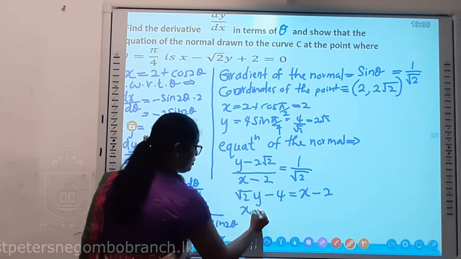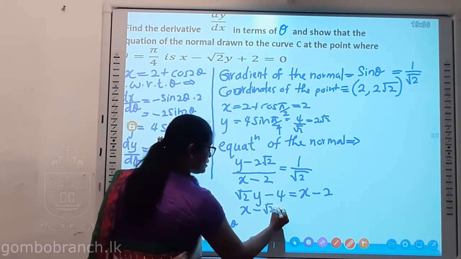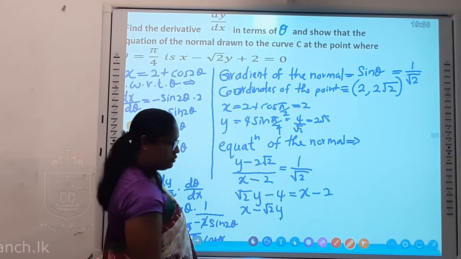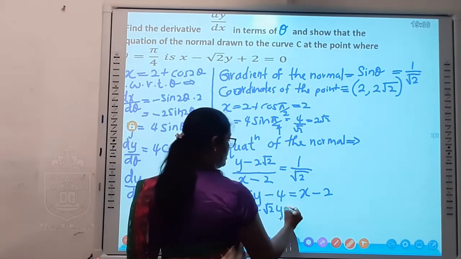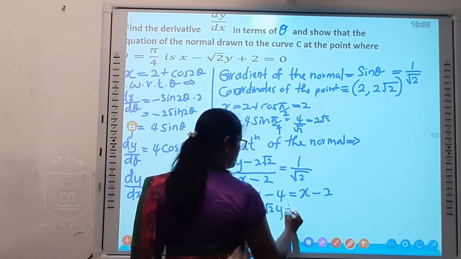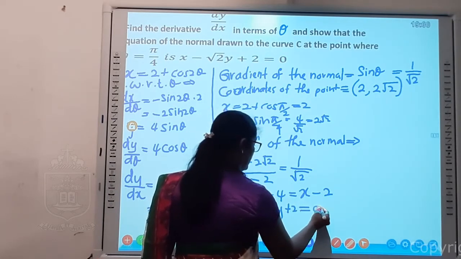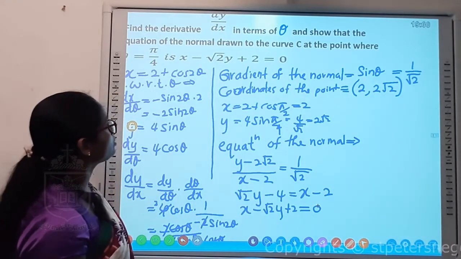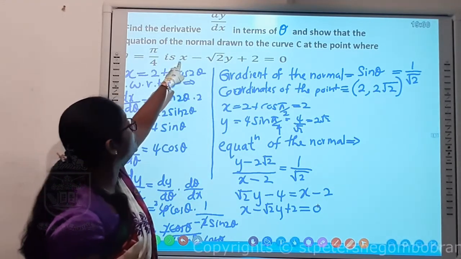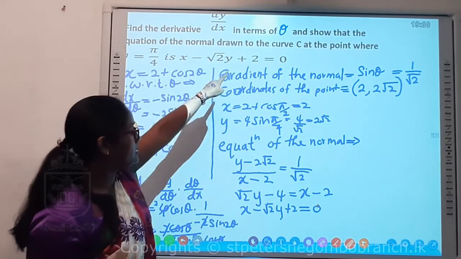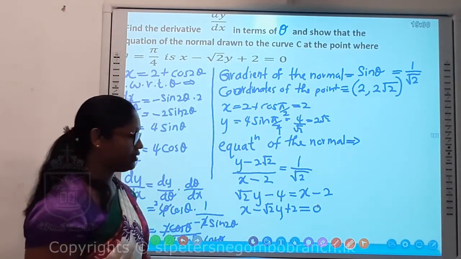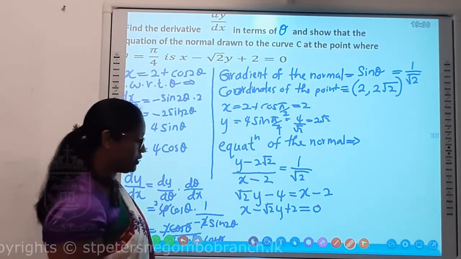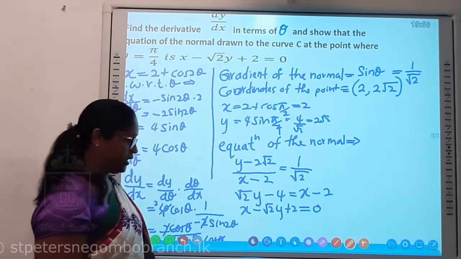So x minus root 2 y plus 2 is equal to 0. So this is the equation of the normal drawn to the curve. That's what we want to find. See, x minus root 2 y plus 2, right? So this is the way. This is actually a very easy question, right? Now we will move to the next question.